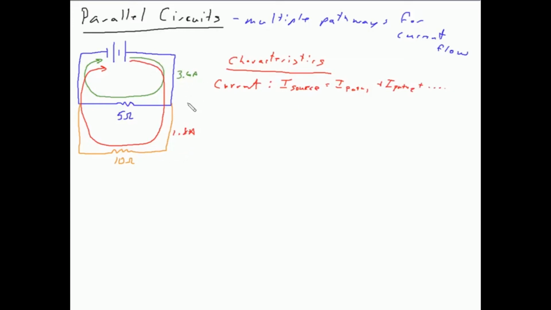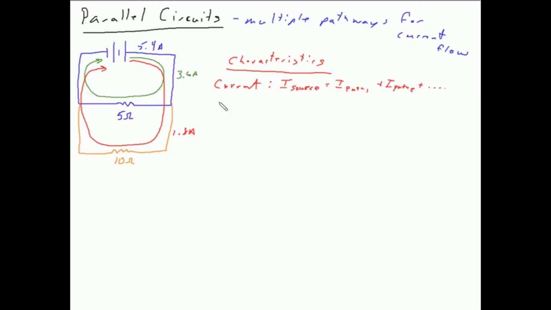So the sum of those two together gives us the total current up here, which was 5.4 amperes. So that's the idea of the current in here.